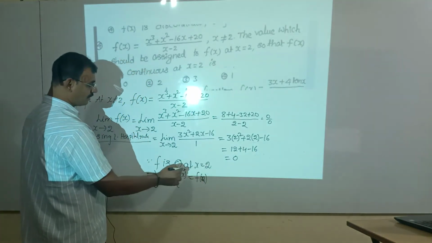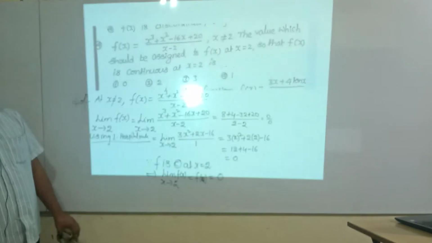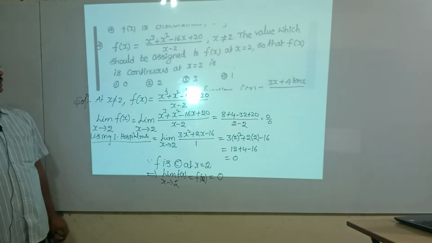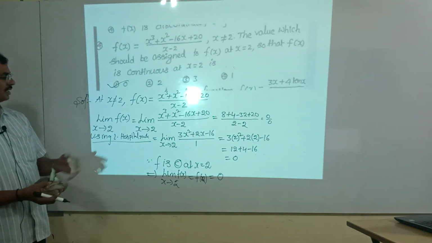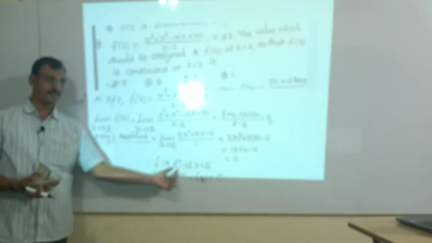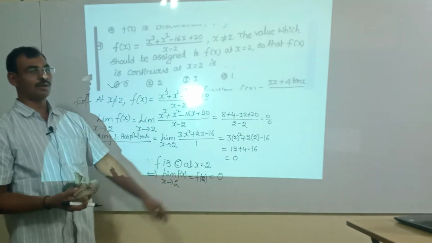How much did we get? This is equal to 0. So f of 2 is equal to 0. Since it is continuous, the limit exists: the limit of f of x as x approaches a is equal to f of a.